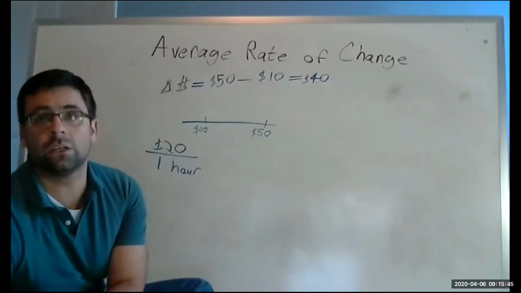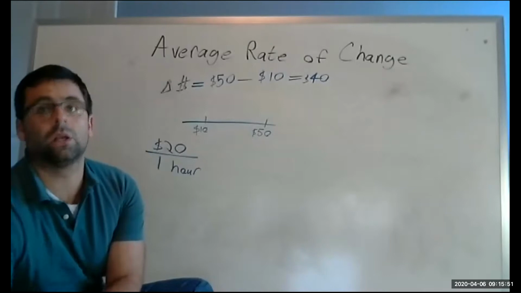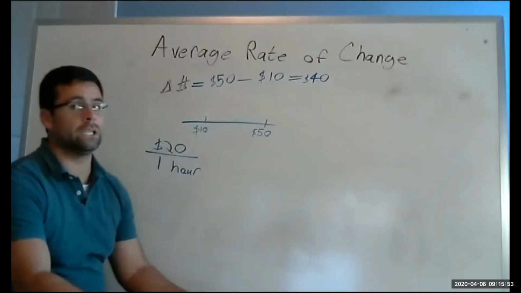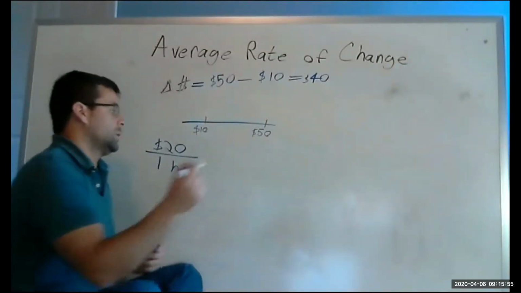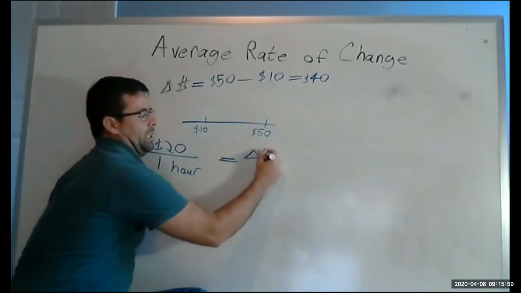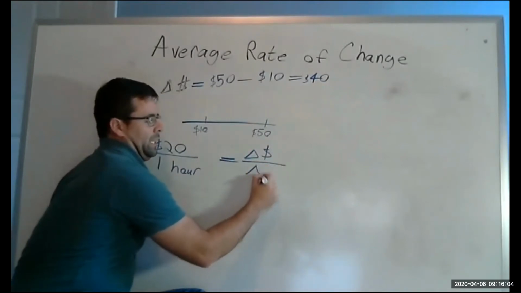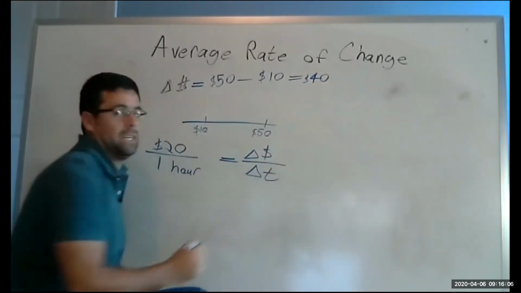A rate means a change in one thing based on a change in another. What does it mean? So this is the change in money over the change in time.